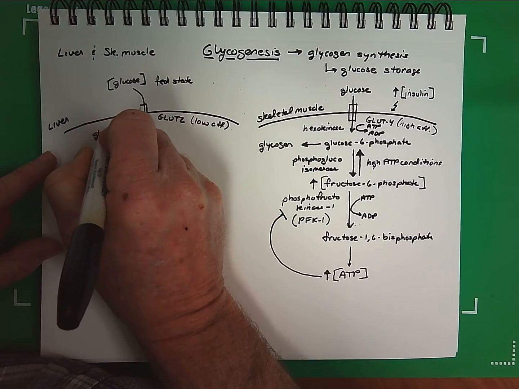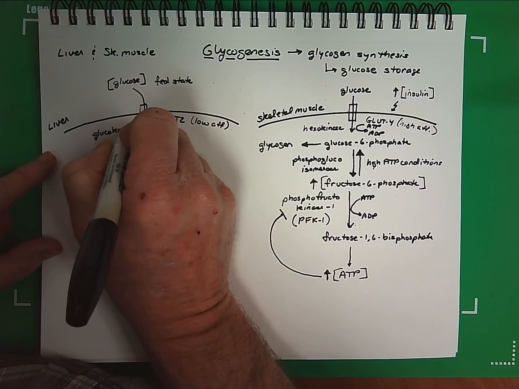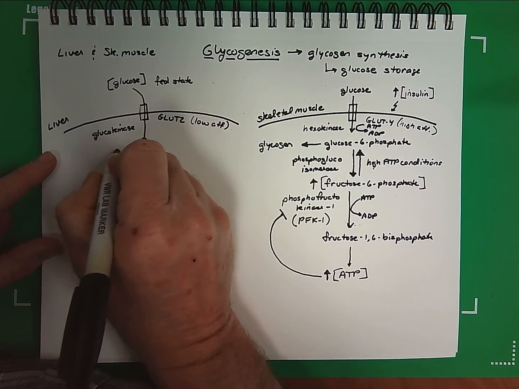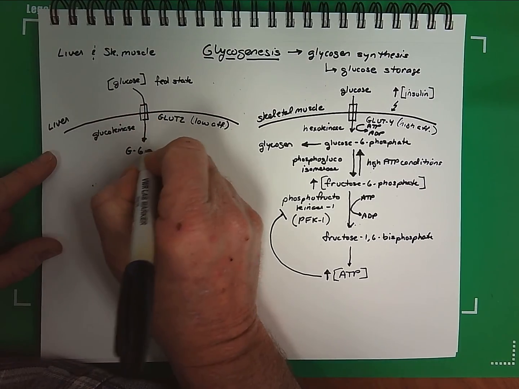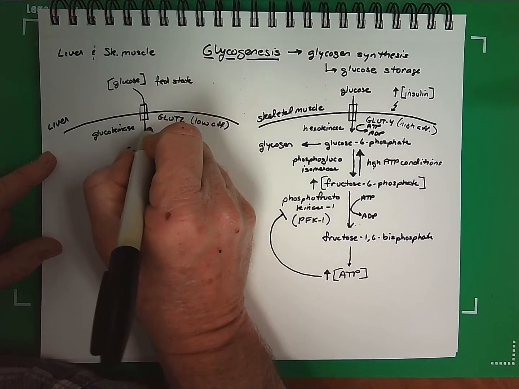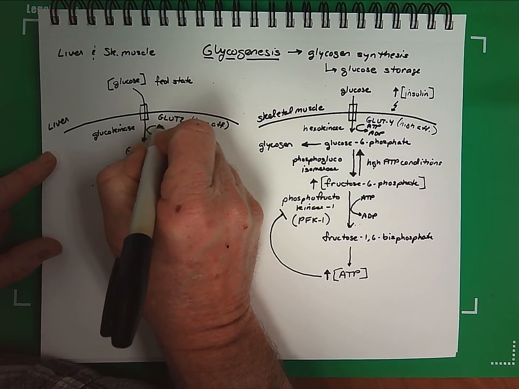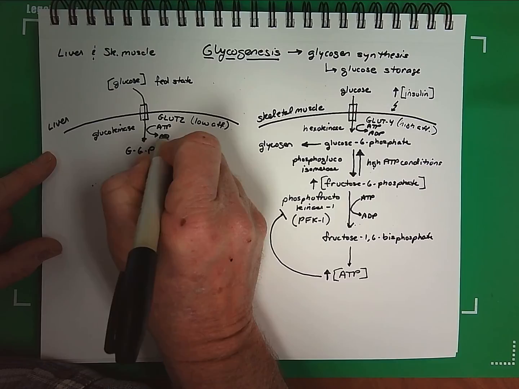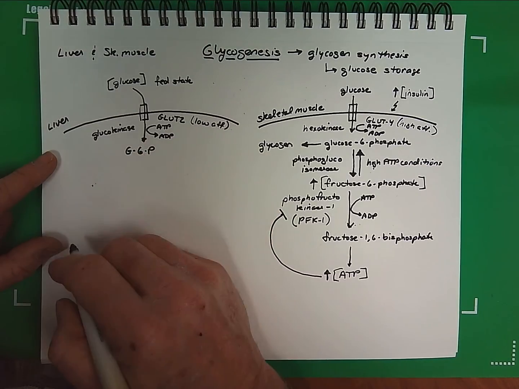In a similar fashion, we have glucokinase as our first step, and we are going to be phosphorylating glucose on the 6-carbon, glucose 6-phosphate. This, of course, is an irreversible step because we are using hydrolysis of ATP as the energy source.